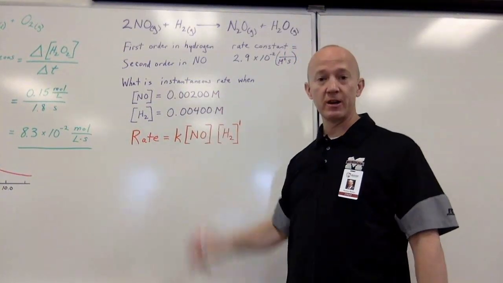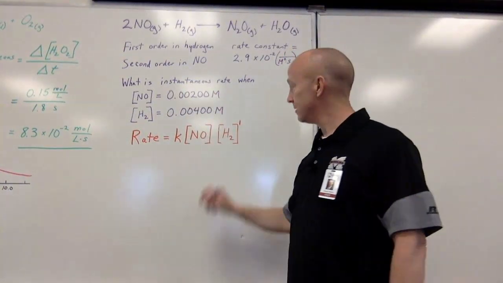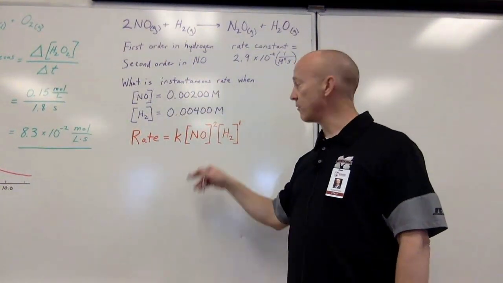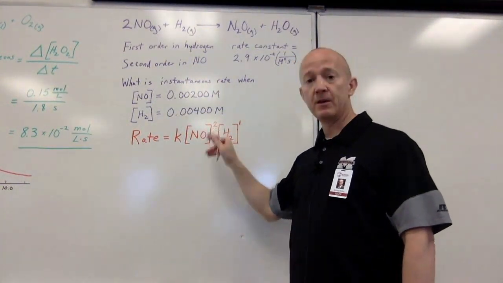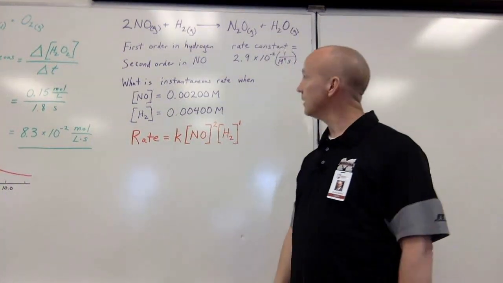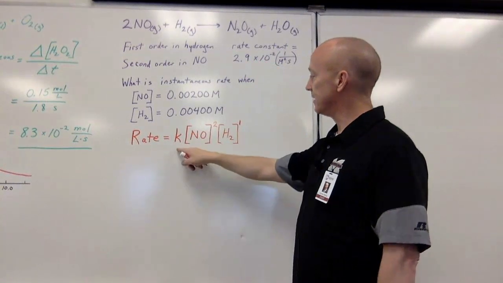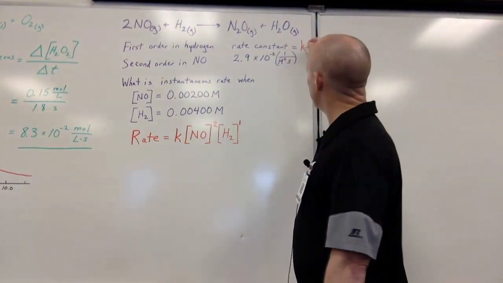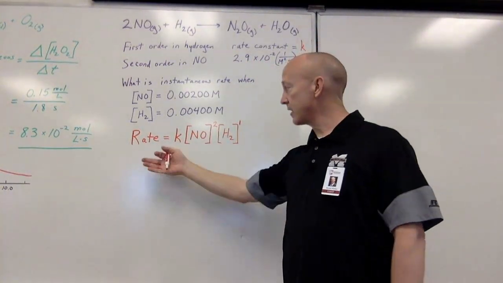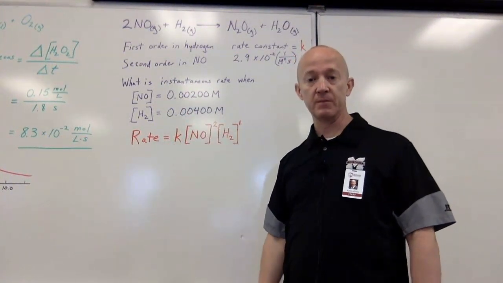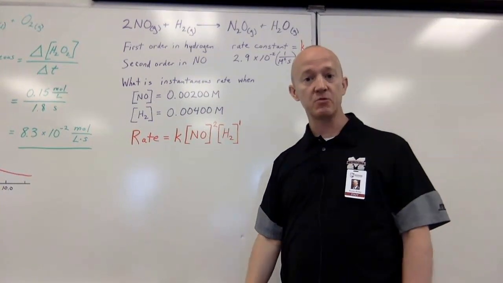So second order in nitric oxide means that I put a 2 right there. So whatever concentration I get for nitric oxide, I'll have to square that. Then this is my rate constant, my K. So I'll go back and I'll fill these things in using the numbers that were given to me, and we can find the instantaneous rate.